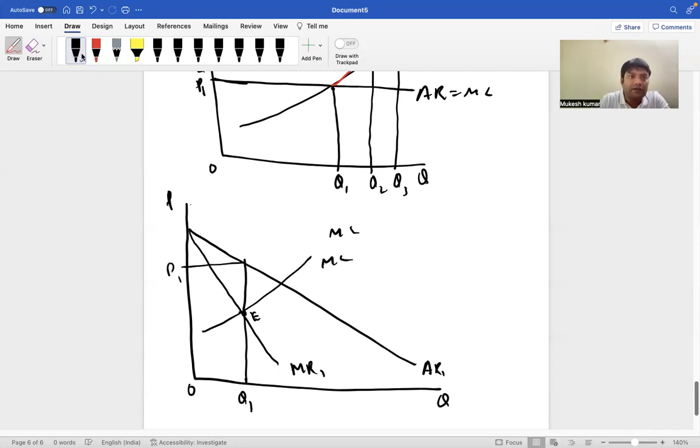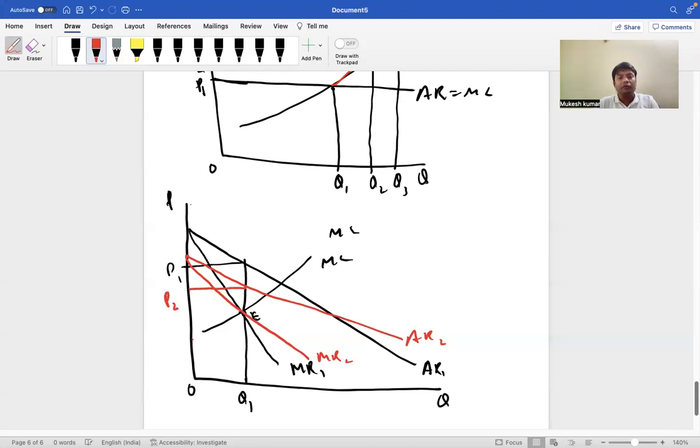Now suppose that the demand curve faced by the monopolist is like that, AR2, and marginal revenue accordingly is like that, MR2. Again equilibrium is at the same point E, but what about the price? Price now, according to this demand curve AR2, the monopolist will charge a different price OP2 per unit.